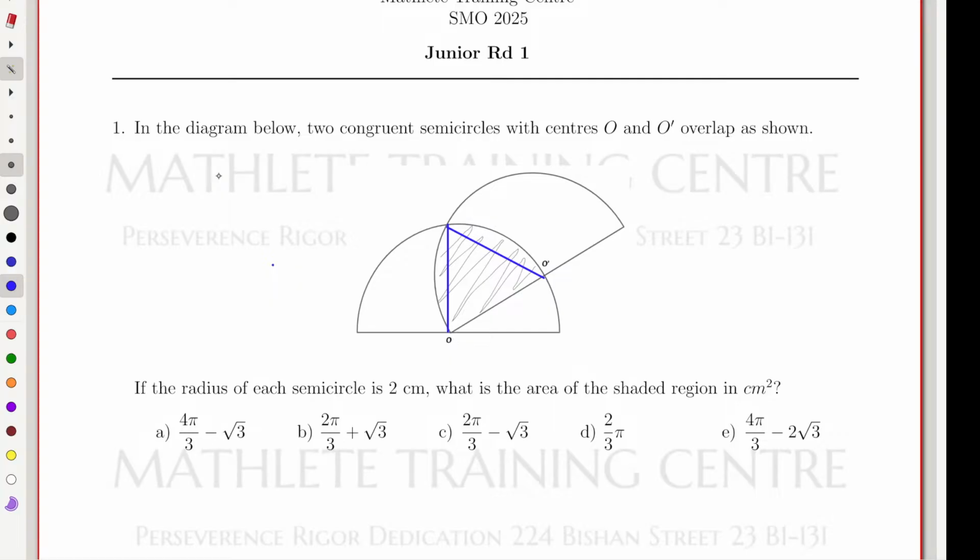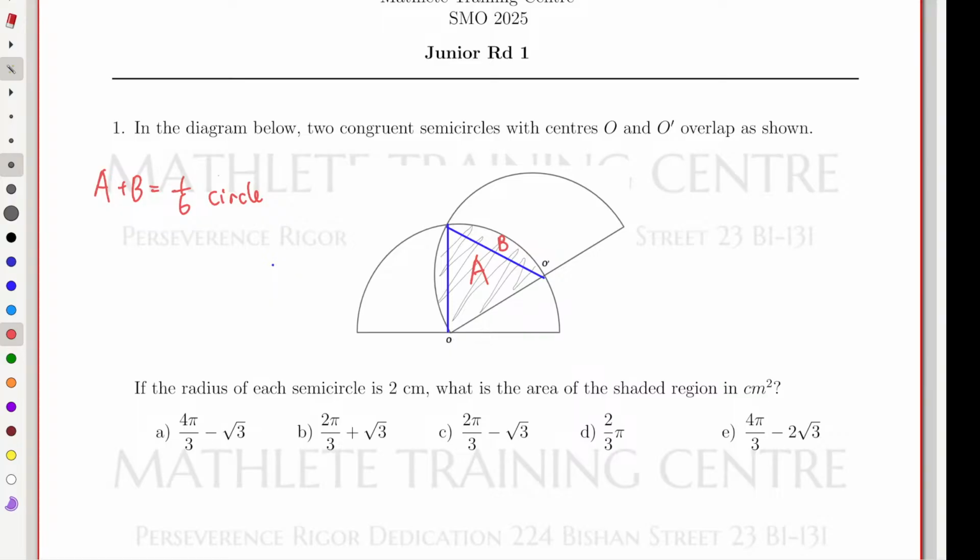So what we can do is that we know how to find the area of a sector. So that means the sector is this area A plus B over here. A plus B is exactly going to be 1 over 6 of a circle, right? And it's the same circle no matter whether we are looking at the first one or the second one.